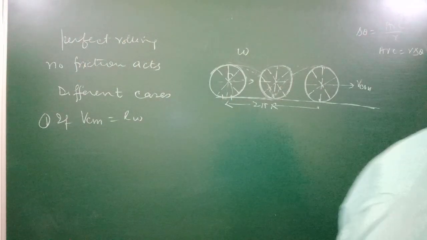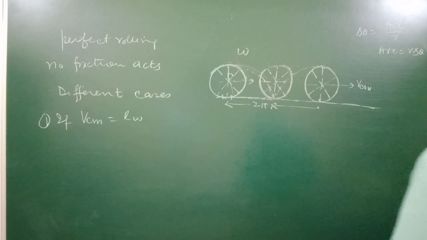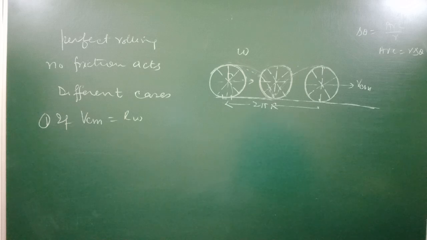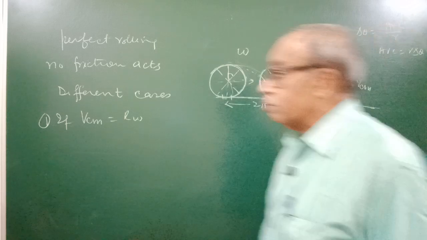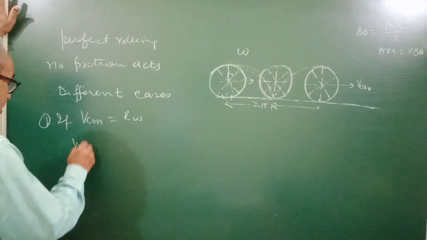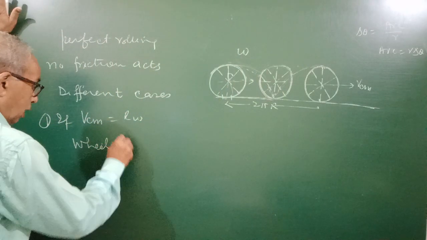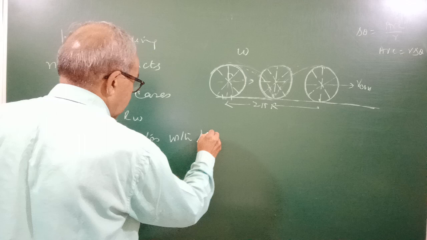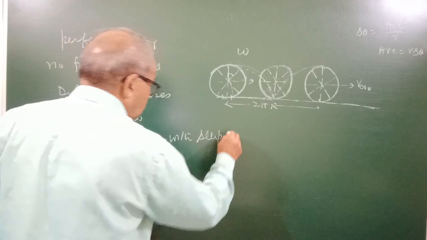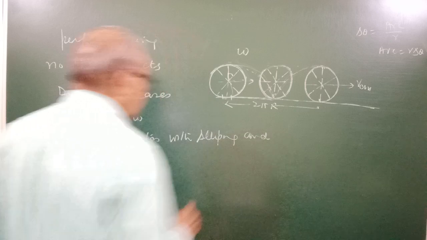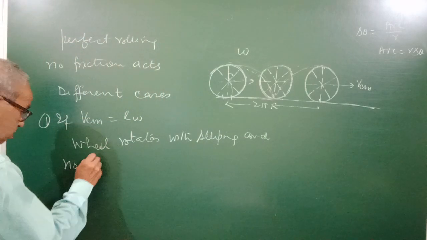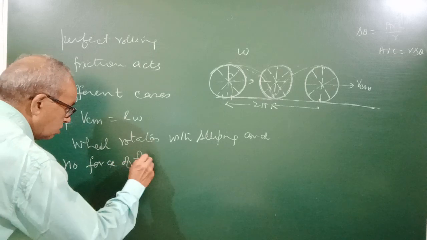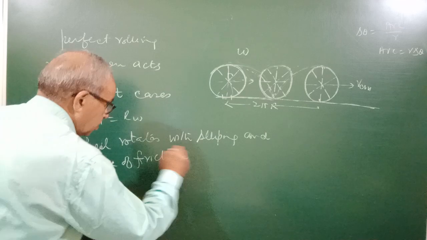Now, in this case, the wheel rolls without slipping and no friction acts upon the wheel.